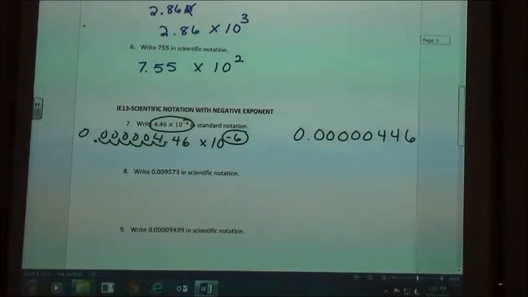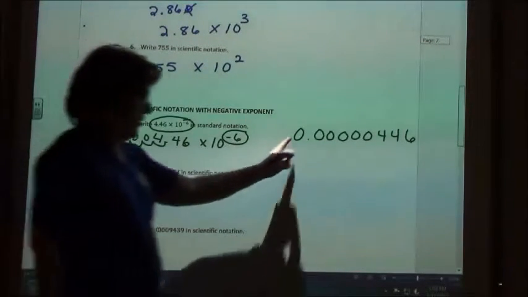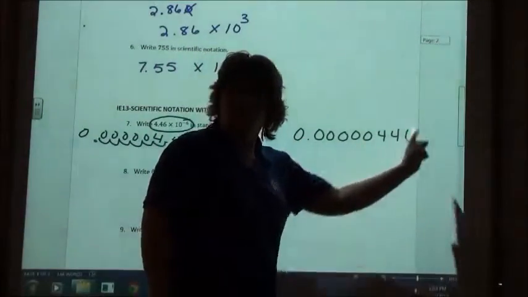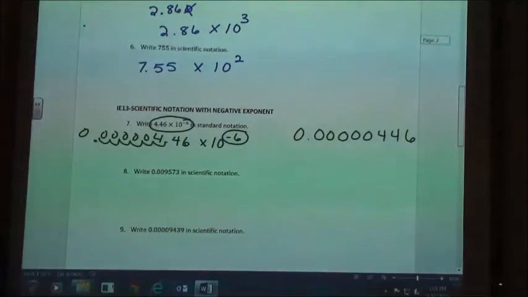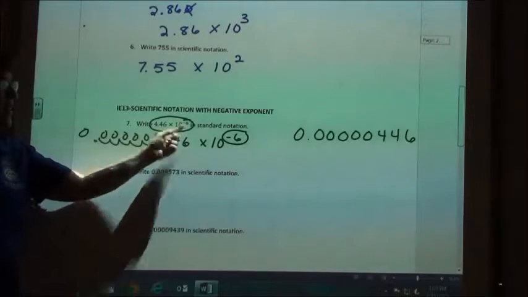So, grab your calculator there. Put in 4.46 times 10 caret negative 6. What happens? Yep. I get 0.00000446.